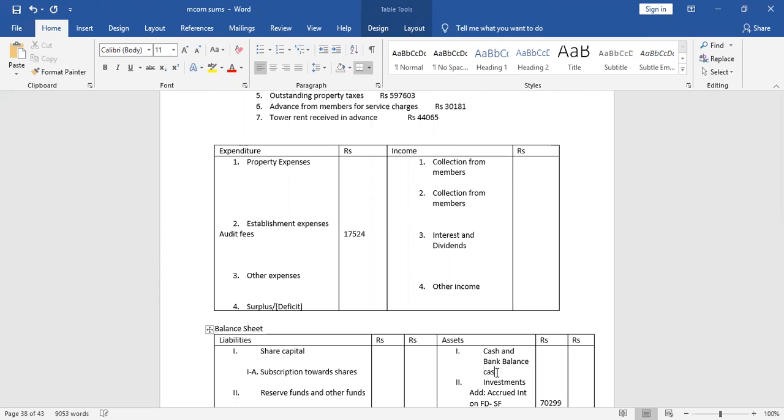The bank amount is 2,36,071 and cash in hand is 14,984.